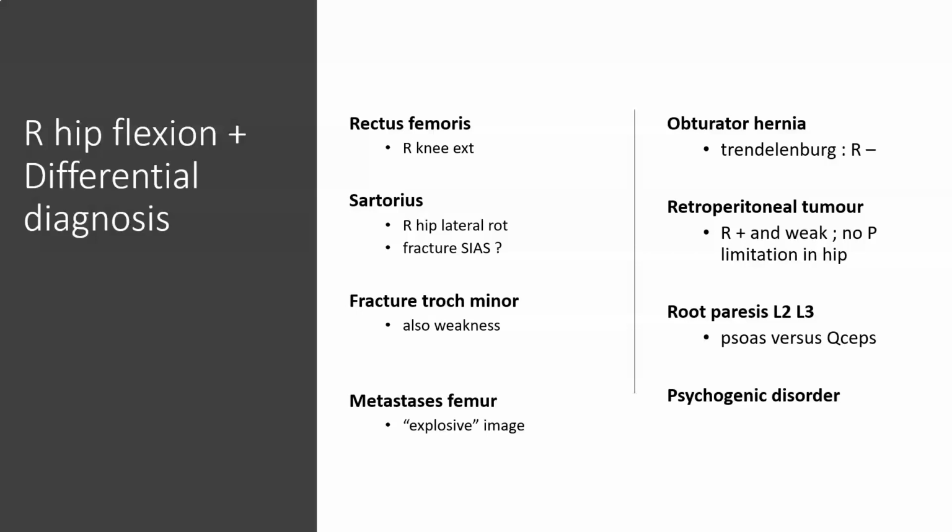Too many tests are positive, passive test, resisted test, the image is too big. Or the patient has perhaps a visceral hernia, or he has a tumor, or he has a nerve root problem L2, L3. L2 weakness is more psoas, L3 weakness is more quadriceps.